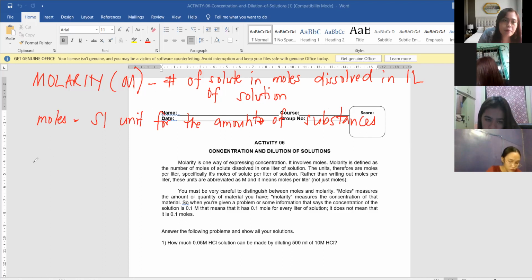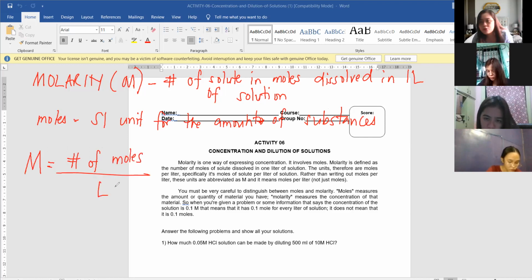Now, if we compute for the molarity, this is just our formula. Number of moles divided by liter of solution. Again, that is our formula for molarity. Number of moles over liter of solution.